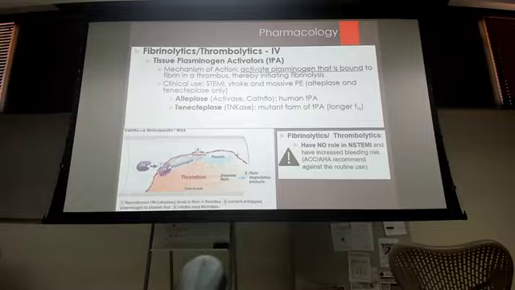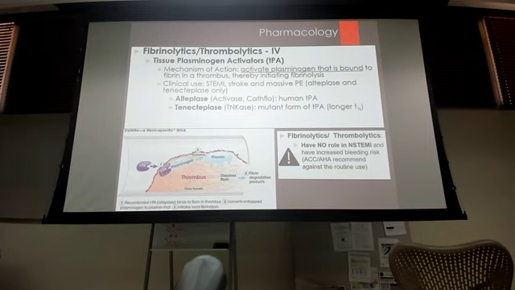The main agent is alteplase, TPA, that's human recombinant TPA, and then tenecteplase is TNKase. It's an engineered variant, right? But it has a longer half-life than the alteplase.